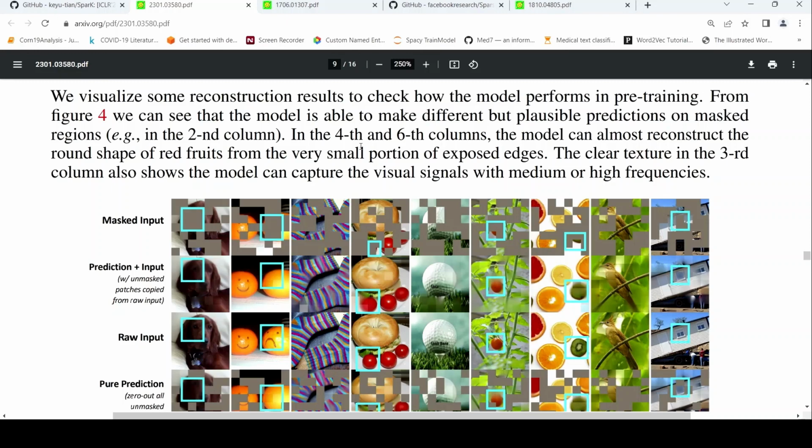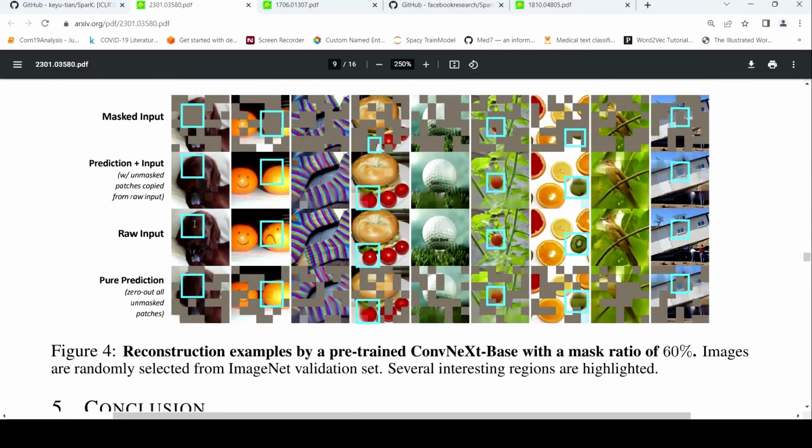So what they say over here is that this is the original image, and this is the masked input with a mask ratio of 60%. This is prediction plus input, where the unmasked patches have been copied from the raw input. This is the pure prediction, and this is how the image looks.